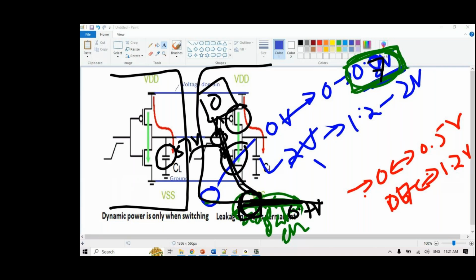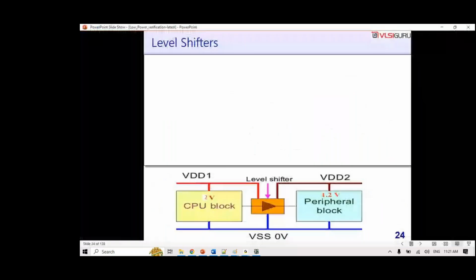They will think 0.7 volt is actually an on voltage. So that means it will end up getting treated as a logic 1. That is where the problem comes.